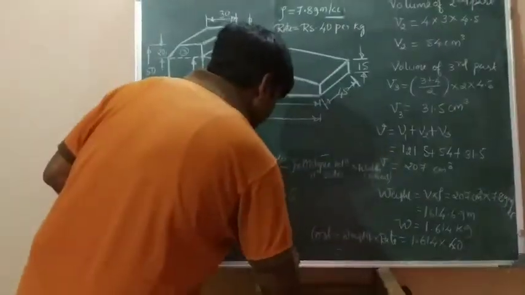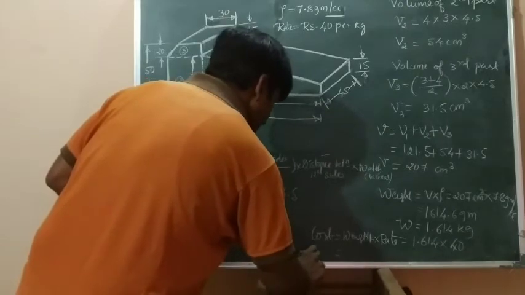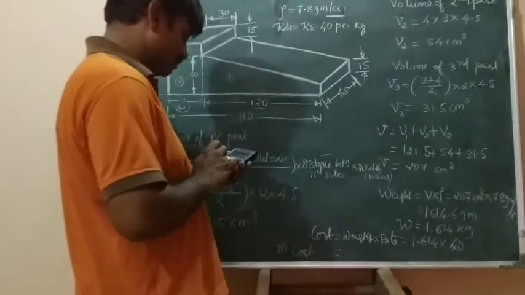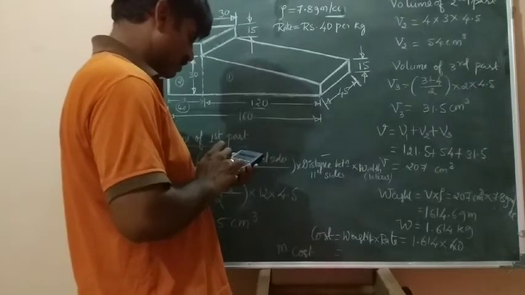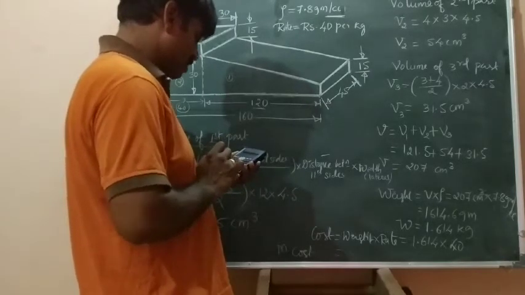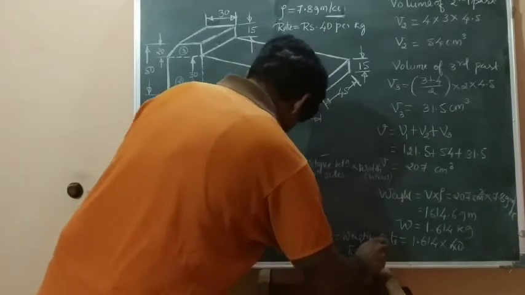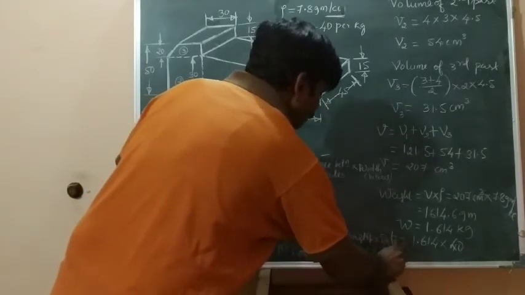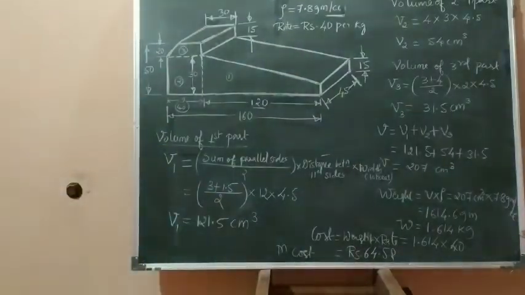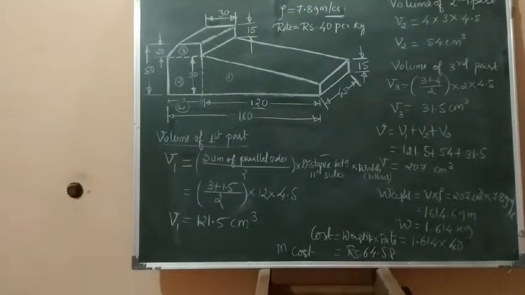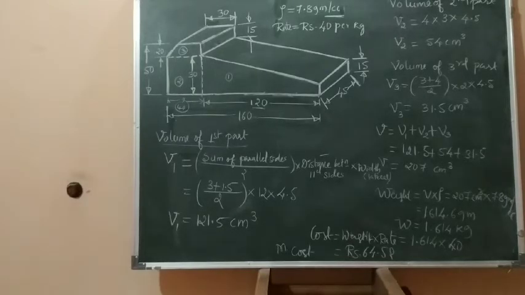The per kg gets cancelled. So the material cost is rupees 64.58.